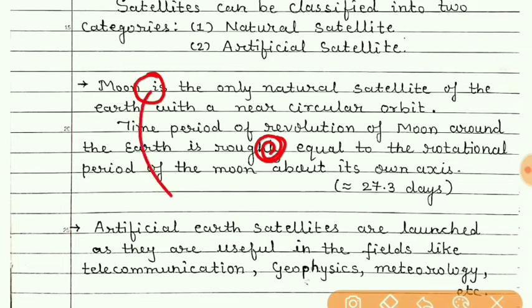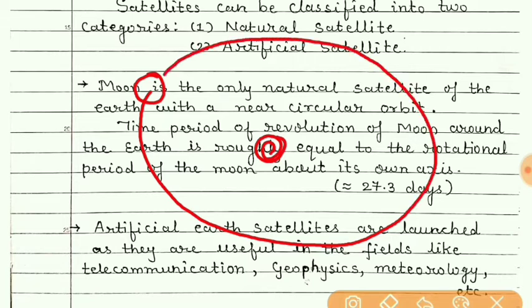It takes 27.3 days to revolve around the earth, and the moon also rotates on its own axis. So its period of rotation on its own axis is also approximately 27.3 days. And this is the reason we see only one face of the moon.